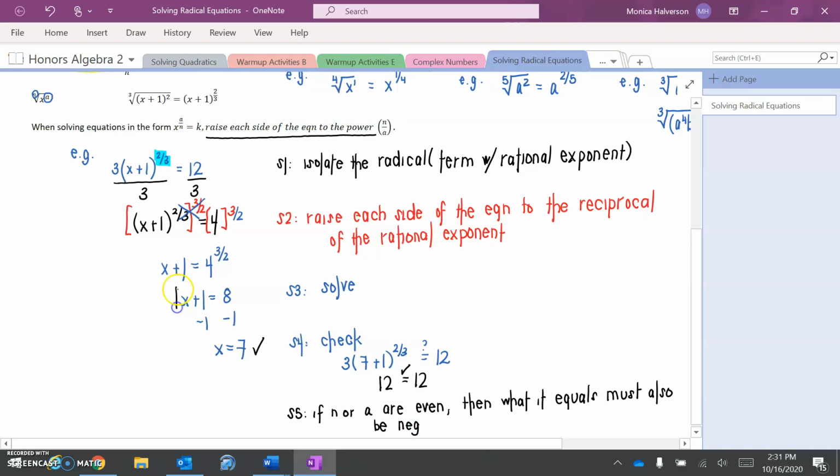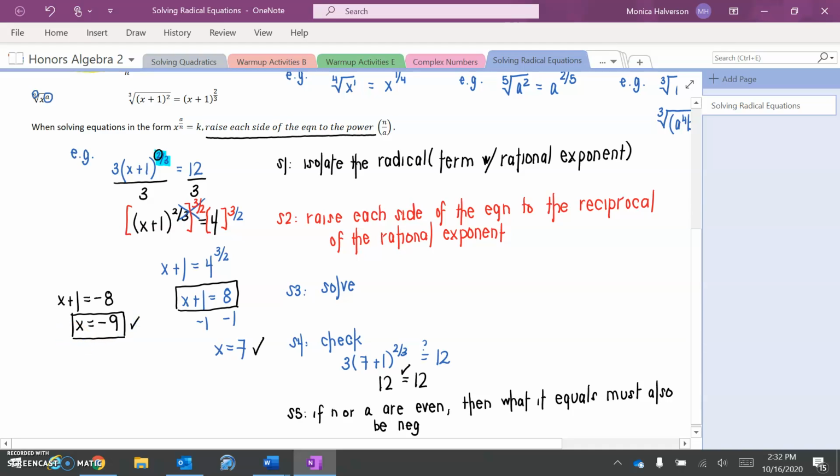So right here, not only does x plus 1 equal 8, but because our a value is even, x plus 1 also equals negative 8. So we also get x equals negative 9. When we plug in negative 9 to check, it works out as well.